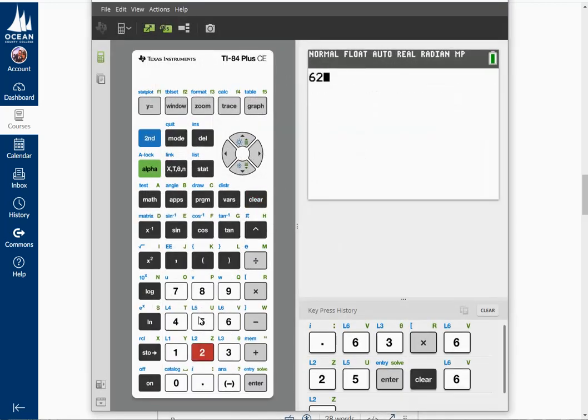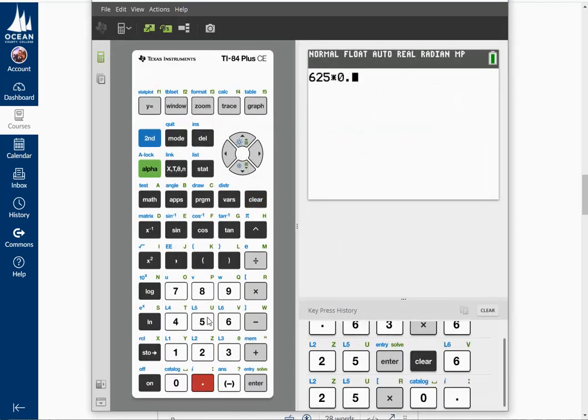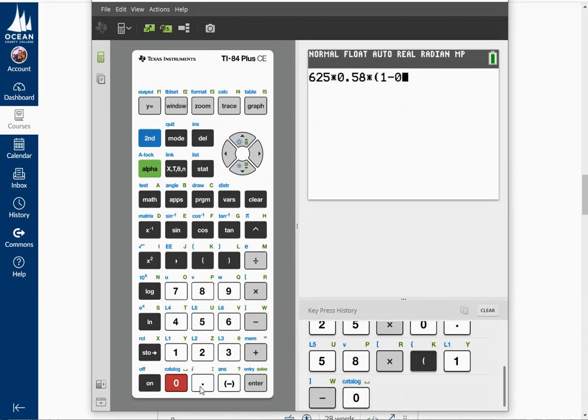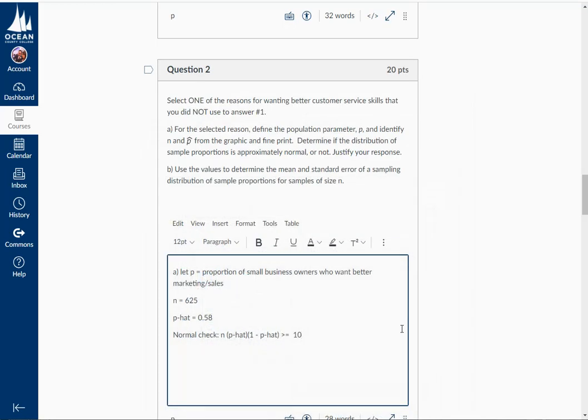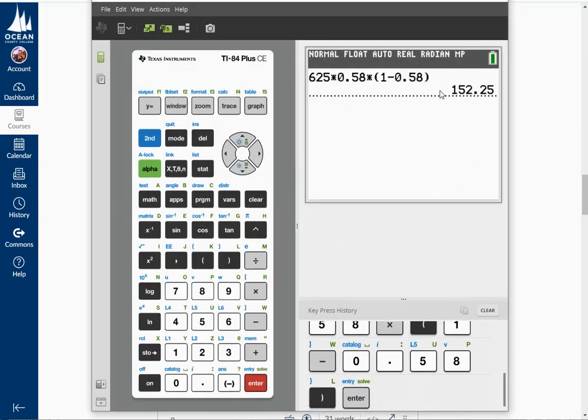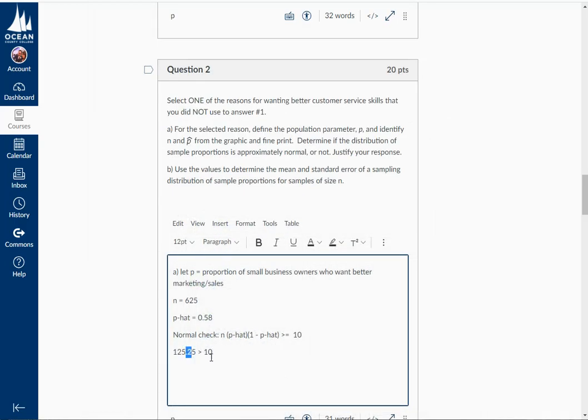N is 625 times P hat times 1 minus P hat. It checks out. So it's 152.25. Okay. Or 152, I'm sorry.